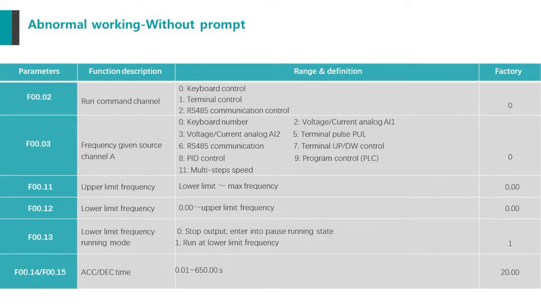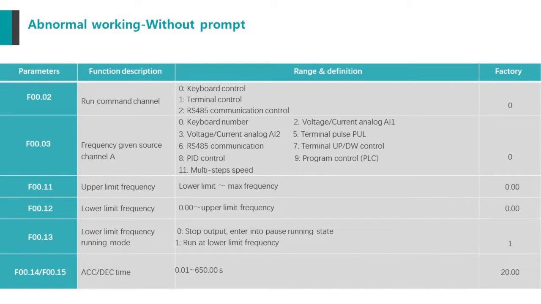Here I will introduce several parameters. If they are set improperly, the inverter could work abnormally. Like F00.02, the running command channel. There are 3 running command channels: keypad control, terminal control, and RS485 communication control.